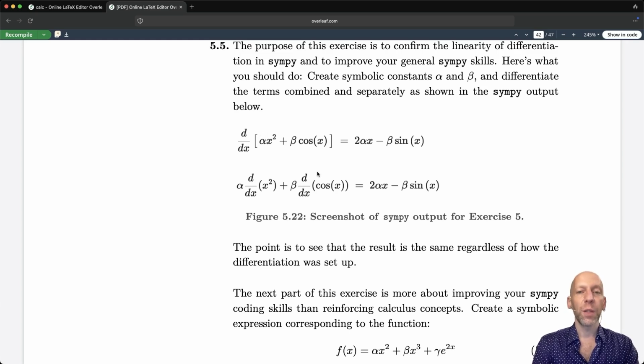Now, when you differentiate both of those expressions, you should get exactly the same results because that is given by the linearity of differentiation. Okay, so let's see, there's more to do. There's the next part to this experiment. But first, I'll switch to Python and show you the solution to this first part.